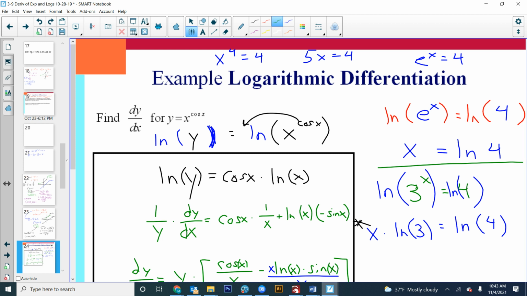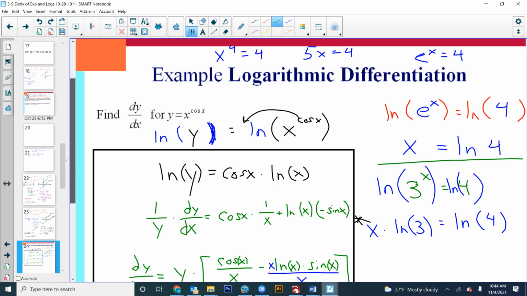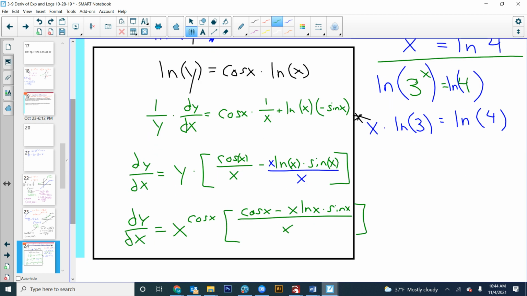It's always going to be 1 over y times dy/dx, because that's the derivative of ln of y. Okay, then what? Pattern here. Product rule on the right. Are you always going to have to multiply by y? Yeah, because it was 1 over y, dy/dx. Always multiply by y. And then last step, substitute y back in as a function of x.